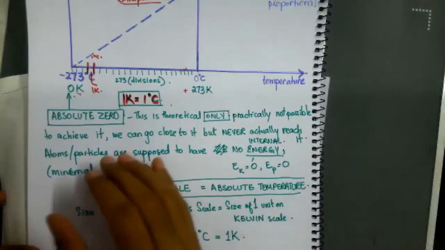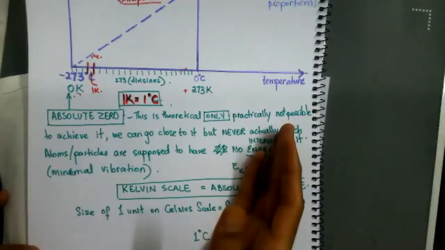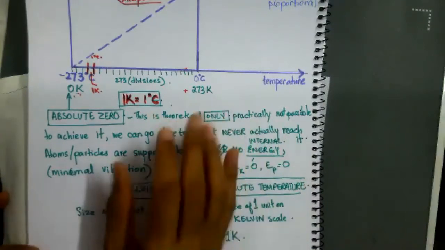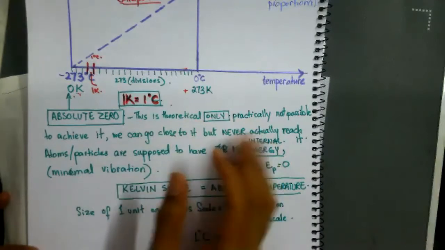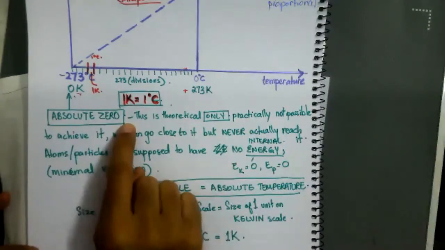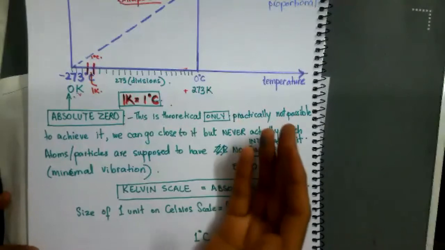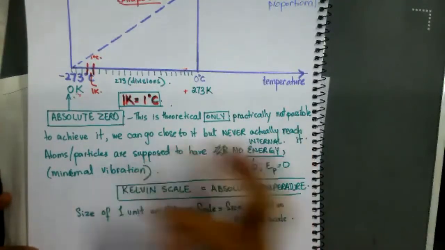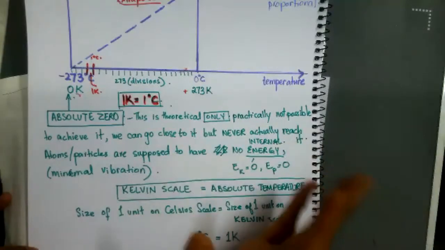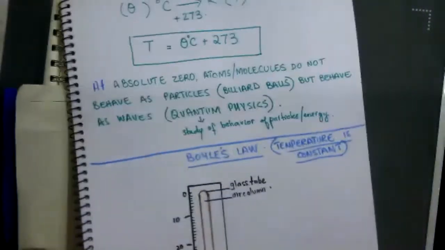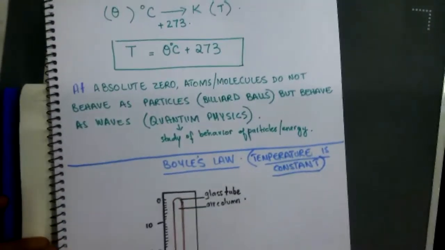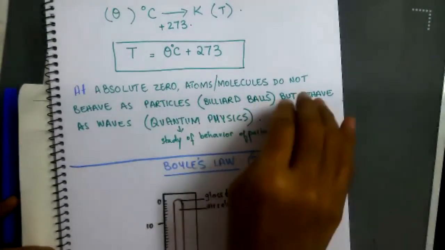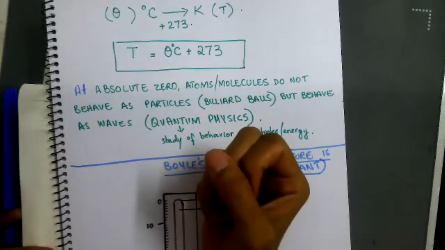In your book, they have mentioned that substances behave very weirdly around absolute temperature, so much so that helium becomes a superfluid, meaning it has zero viscosity. You don't have to go into the details, but they behave weirdly. I searched a little into it, and it's not included, but it was very interesting that at absolute zero, atoms or molecules do not behave as particles anymore.